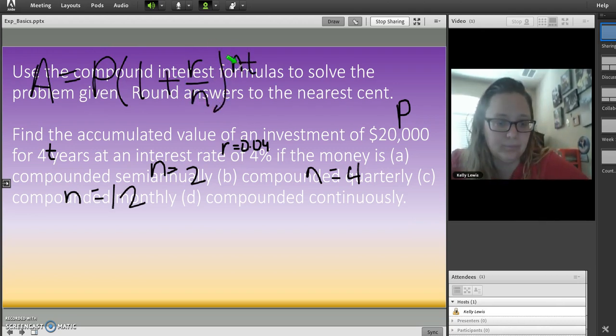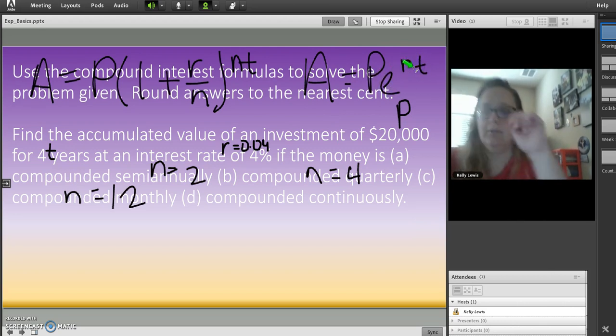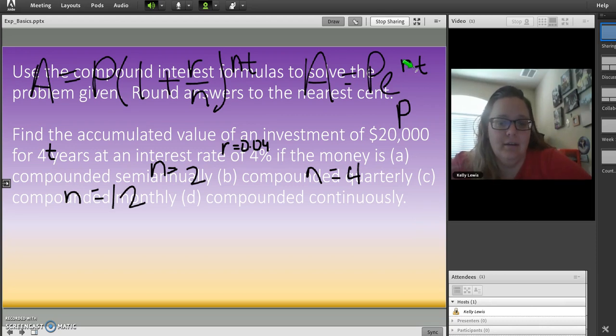And for D, I'm going to use A = Pe^(rt), because you don't have a number of times, there's no N in that one.